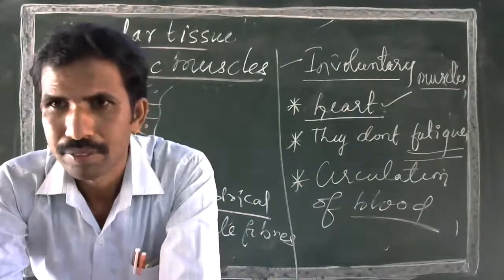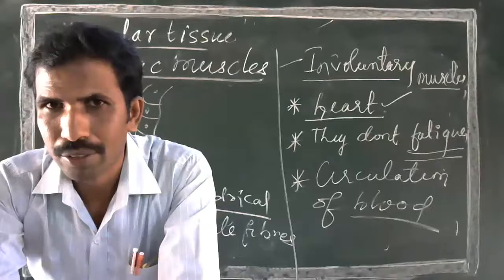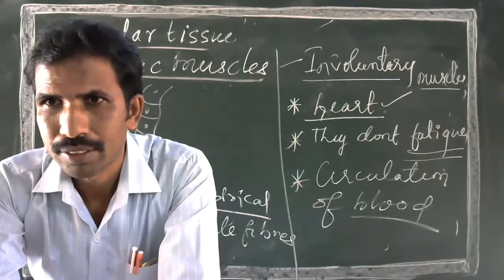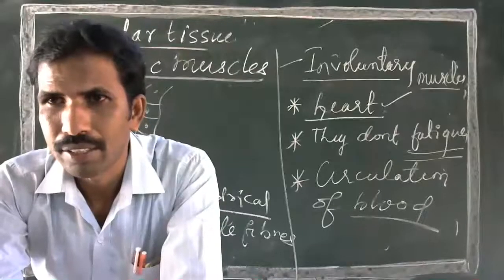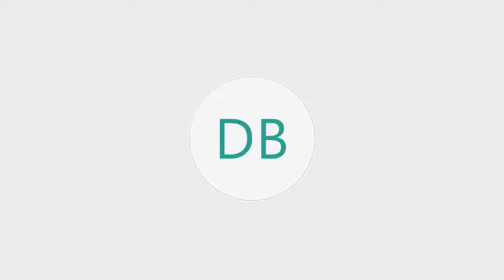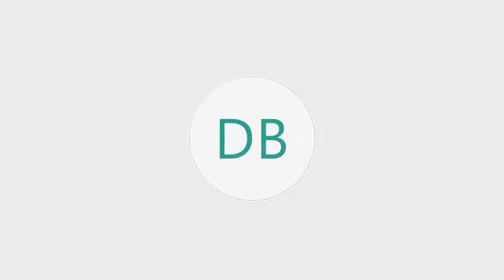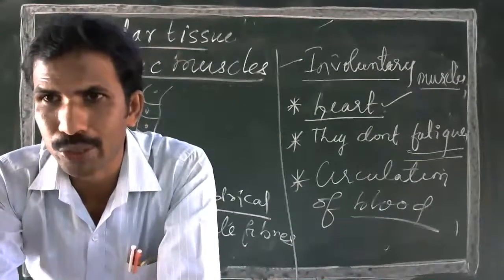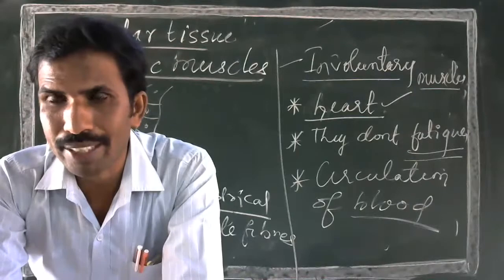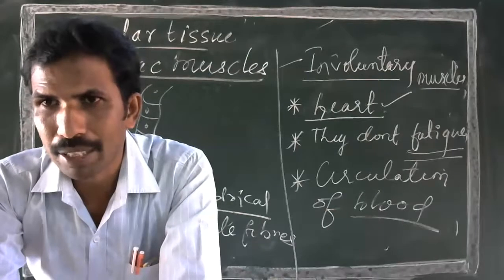Bone, fluid connective tissue. I am asking you components of connective tissue, I didn't ask you types. For which tissue you call it a connective tissue? For connective tissue, there are some components, no? That I am asking you.